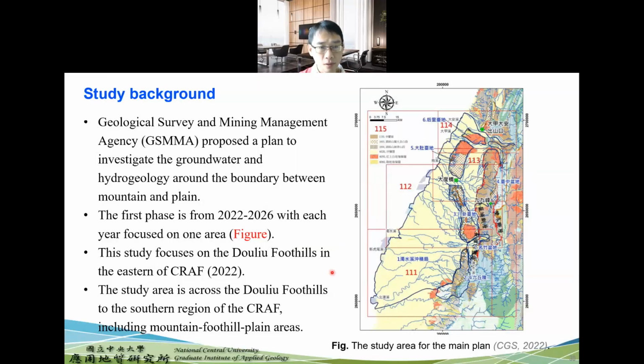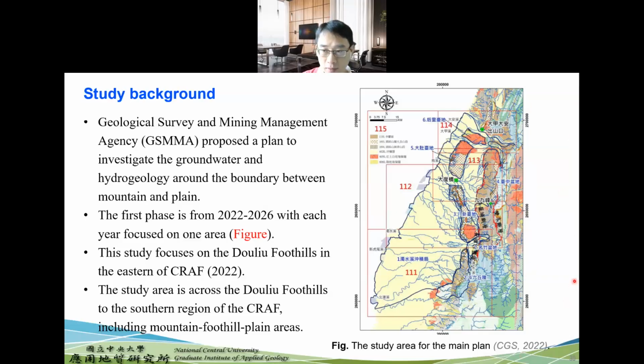Following, we introduce the study background for our research. The Geological Survey and Mining Management Agency proposed a plan to investigate the groundwater and hydrogeology around the boundaries between the mountain and plain areas. Like these figures, in the past the GSMMA, or CGS, Central Geological Survey, tried to investigate the groundwater system in the mountains.